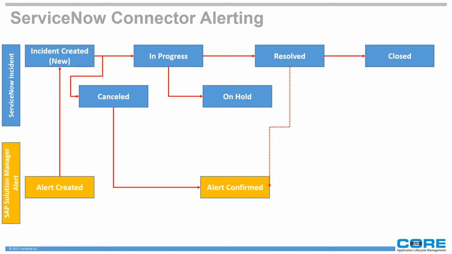Or the other option is that only once we put the ServiceNow incident into the closed status do we want to confirm the alert. So really that's up to you as a customer, or at configuration time, to decide which status you want the alert to be confirmed on. And it's very flexible and very easy to change.